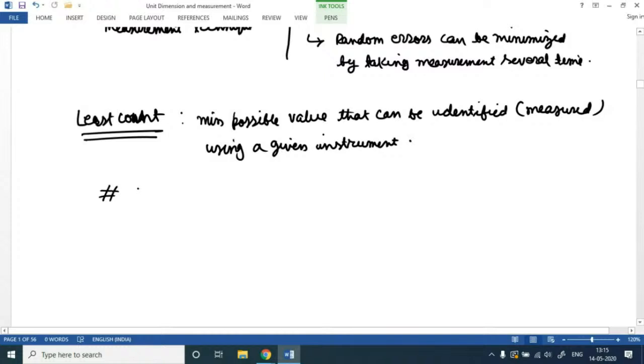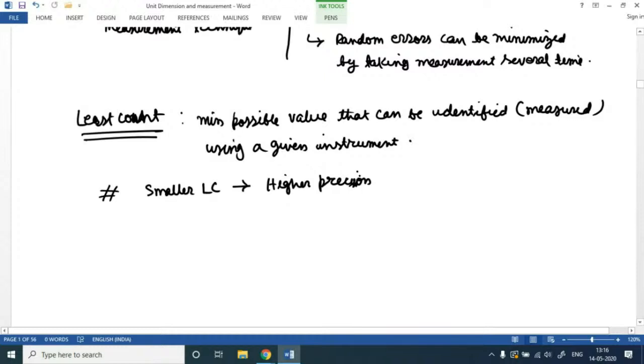Instruments having a smaller least count have higher precision. So you can say smaller least count means higher precision. Smaller least count will simply mean that you will be able to report your reading to a greater resolution, so that will be higher precision.